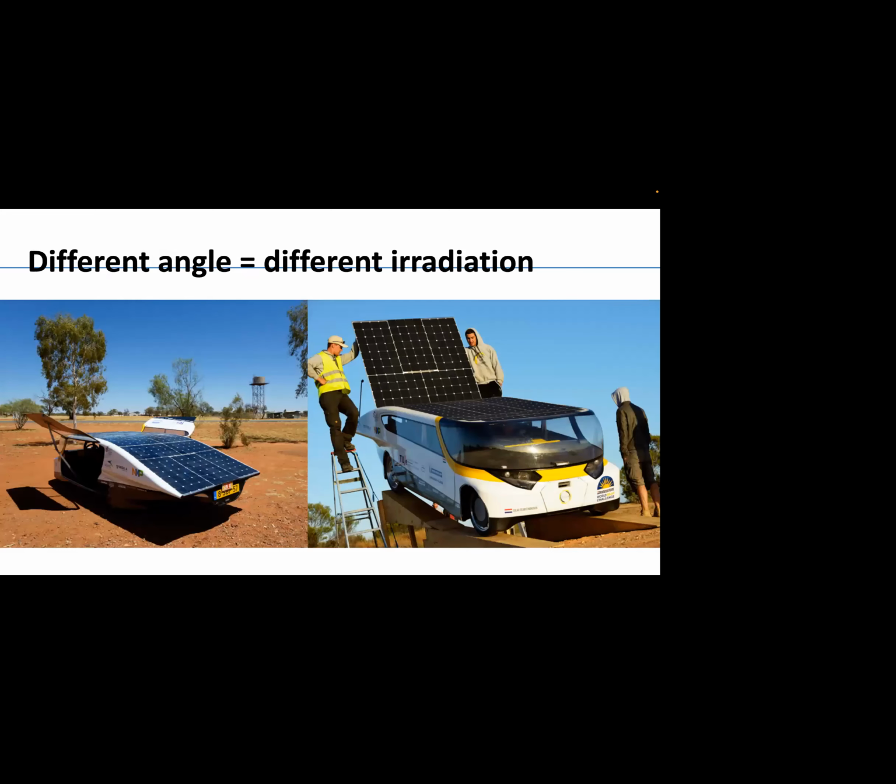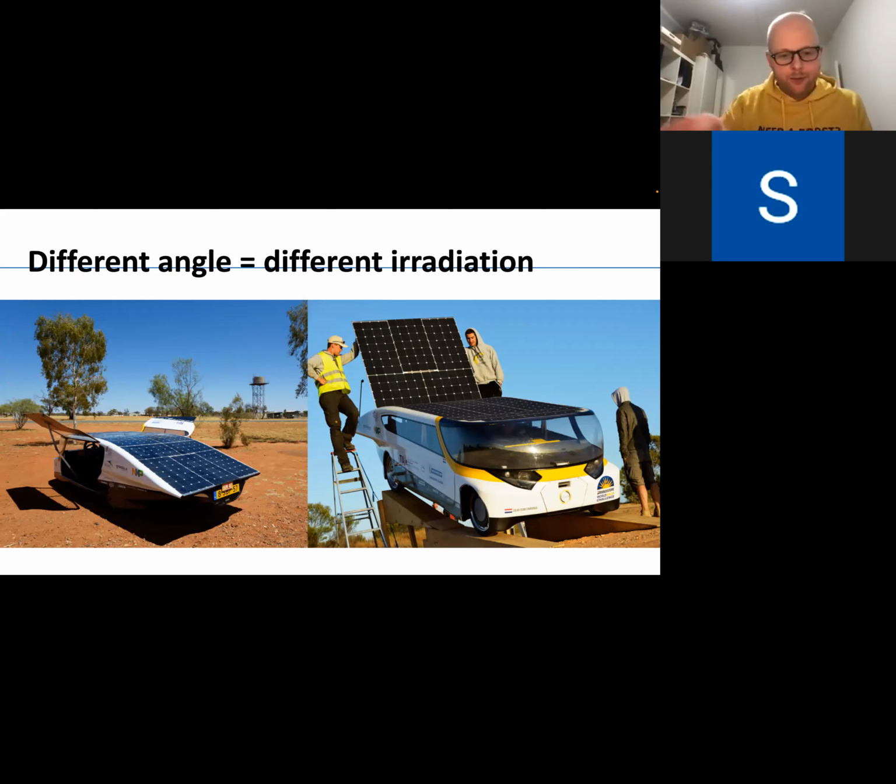Also, different solar cells on the car are pointed towards the sun at different angles. Therefore, the amount of irradiation on different solar cells is different. And if you group them together in a group, that makes it difficult to track the maximum power point of both cells that have different angles.